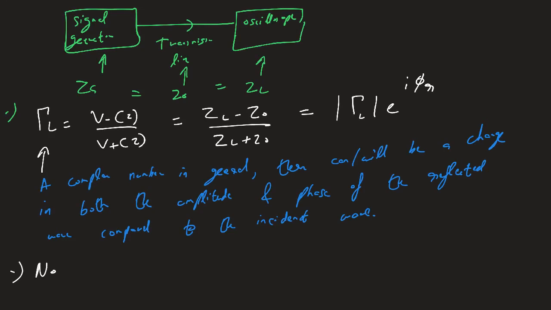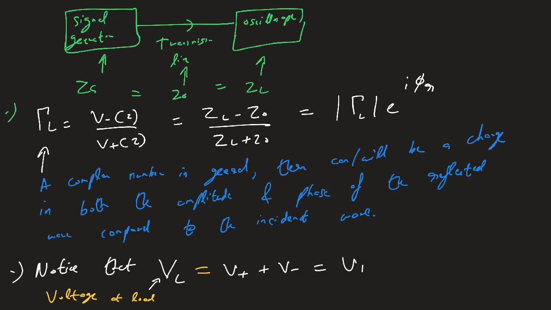Now notice that VL, the voltage at the load, is equal to V plus plus V minus, which is equal to V plus plus gamma L V plus, by definition.